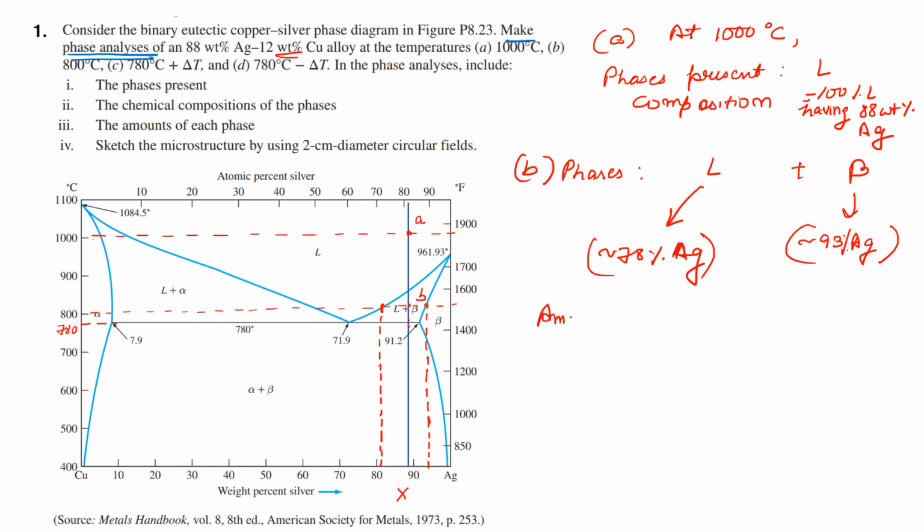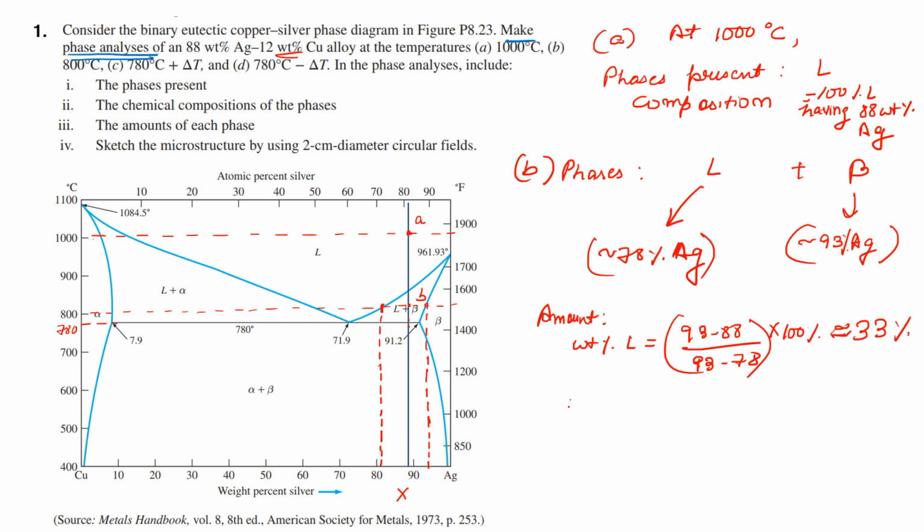The amount of phases can be given by the lever rule. So the weight percent of liquid can be given by, so this is liquid, so we'll consider the arm from liquid, which is 93 minus 88 divided by 93 minus 78, times 100, which gives approximately 33%.